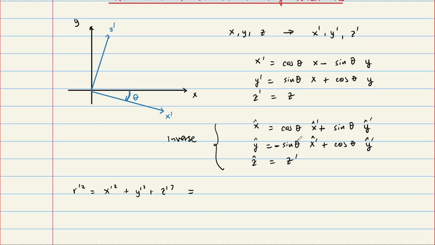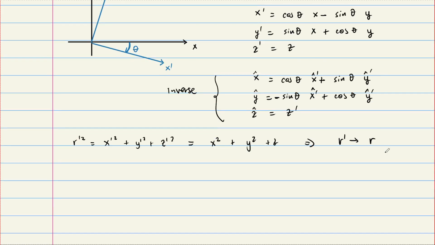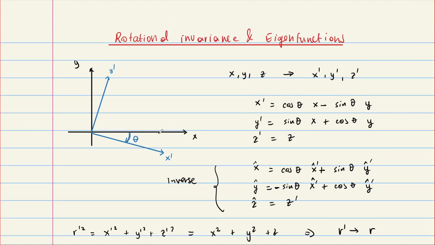And then in that case, x squared is going to be cosine squared plus sine squared, which is 1. Sine squared plus cosine squared is also 1. And z is also z squared. That means r prime goes to r. There is no change in r. And that's what we know, right? The magnitude of a vector does not change with rotations.